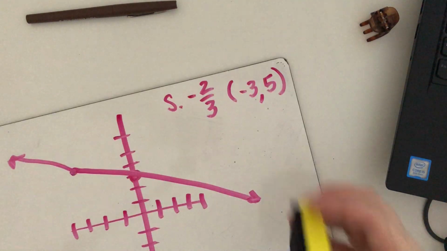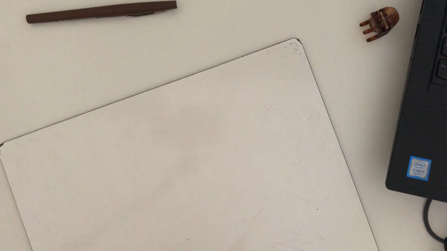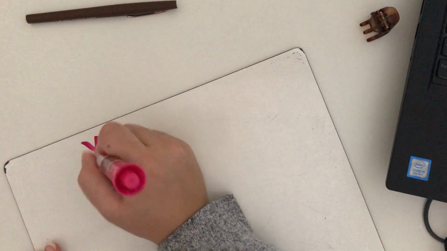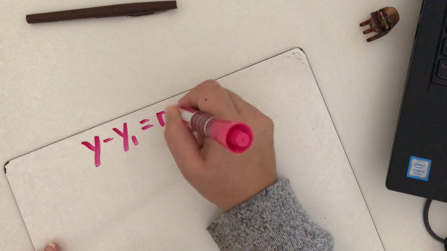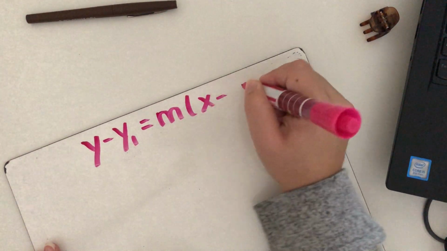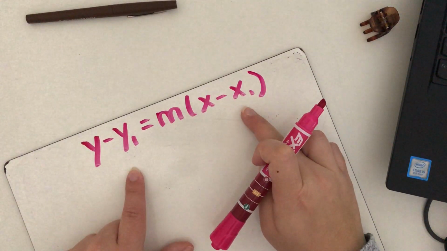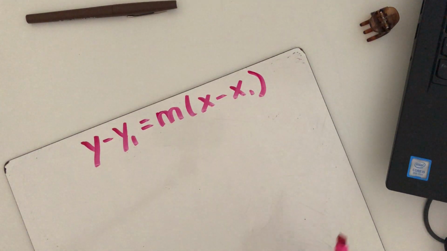So the next part that we deal with is your point slope form, okay? So I'm going to write the equation at the top for your point slope form. Okay, so I have y minus y1 equals m times x minus x1, where these 2 points here are a coordinate point that they've given you, and your m is the slope that you found.